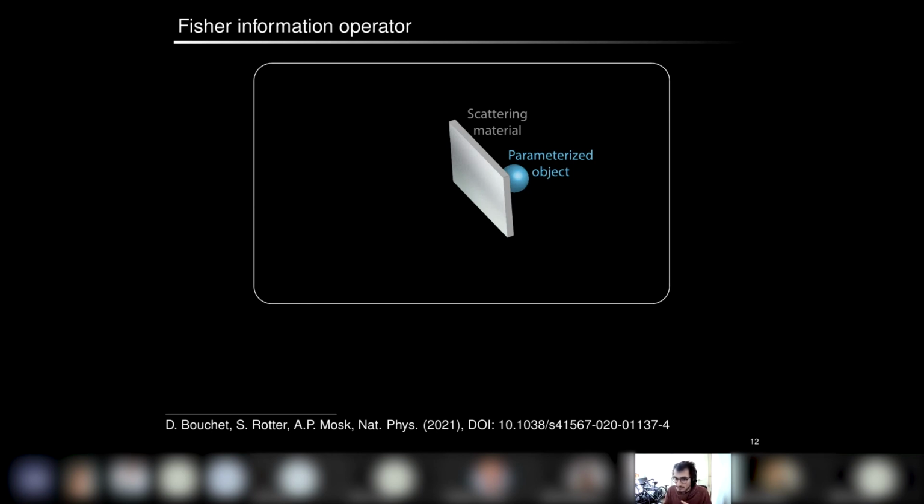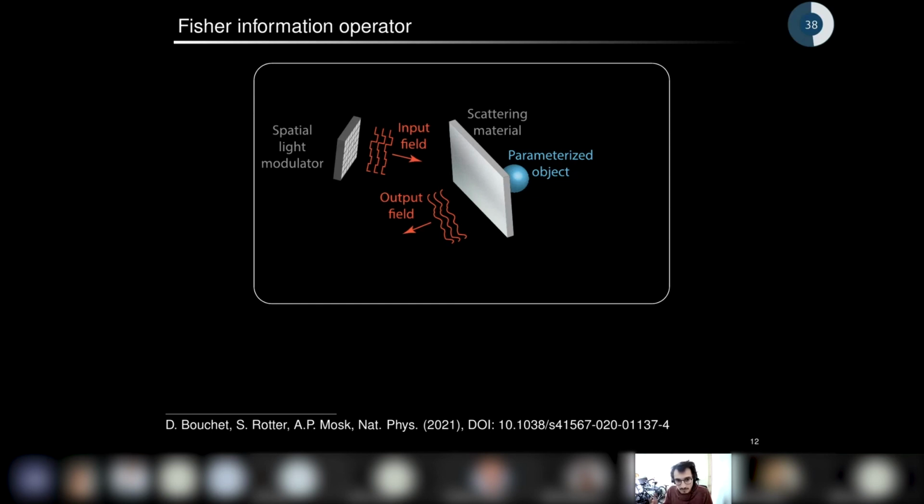So the scattering matrix depends on theta, which is the parameter of this parameterized object, and this is a full system. Then we can illuminate this system with a shaped input field, and then we can characterize this output field. So the first question here is, what is the best way to measure the output field?